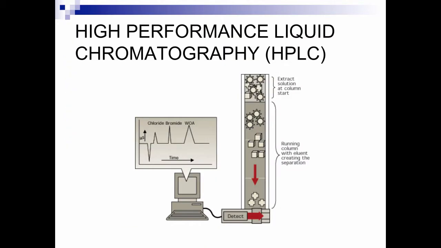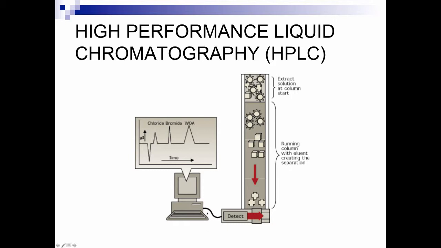This particular slide shows a diagram of a column, and inside this column, the sample, which contains 3 components in a particular mixture, is now going to be separated using this technique. Now, as you can see from this mixture, the 3 different components have differing levels of affinity for the mobile phase.